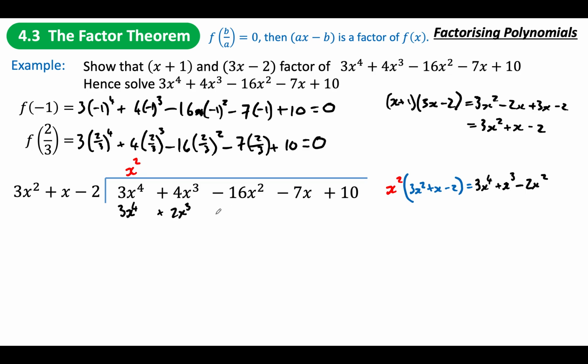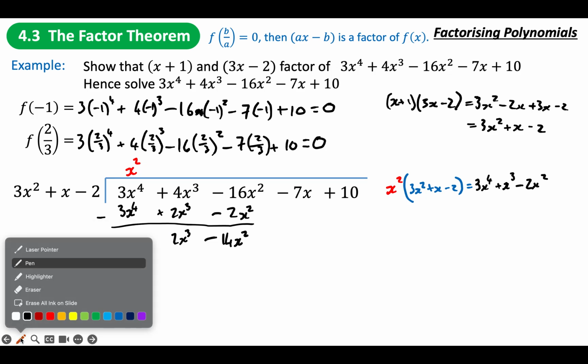Keep everything lined up, it's super important. Take away 2x squared. And then we take it away. That will leave nothing. 4x cubed take away 2x cubed leaves 2x cubed. Negative 16 lots of x squared, take away negative, so that's going to add, leaves us with negative 14x squared.